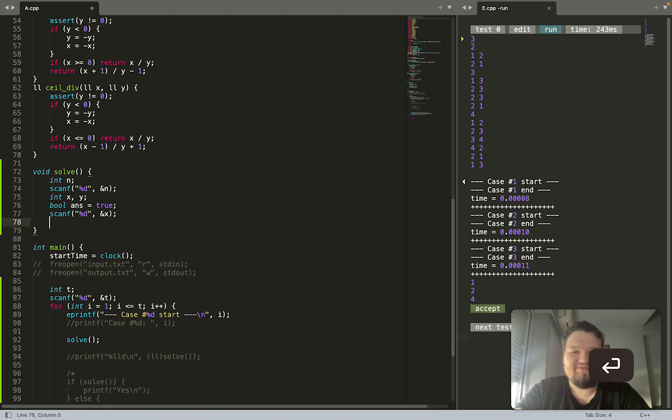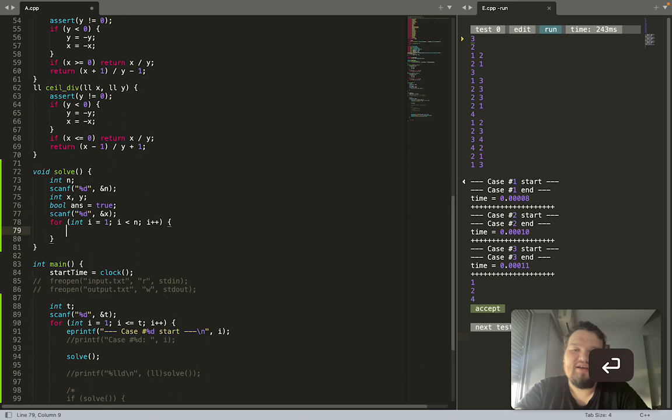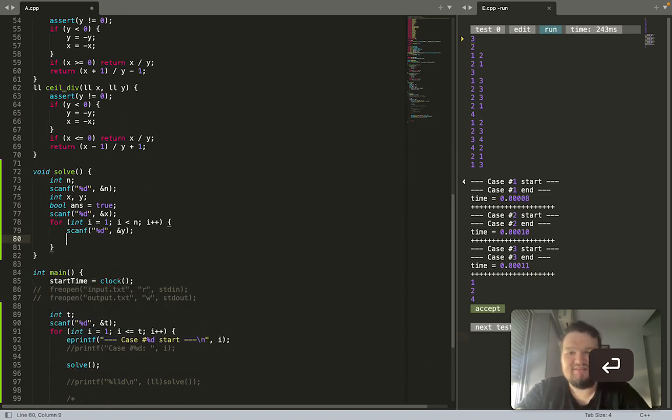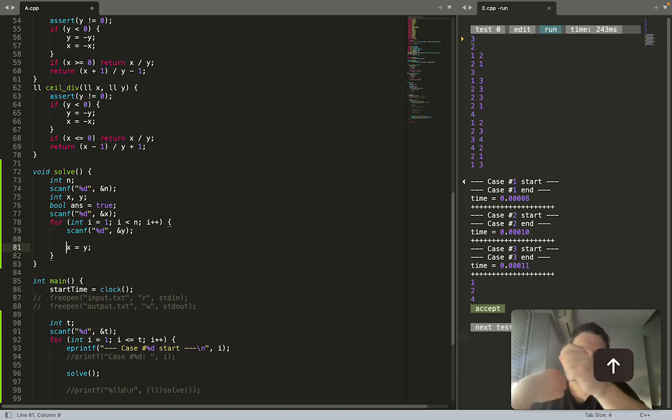So I will read the first element and then n-1 times I will read the second element, check if the criteria is satisfied, and then assign x to be this element, so we can compare it with the next one.